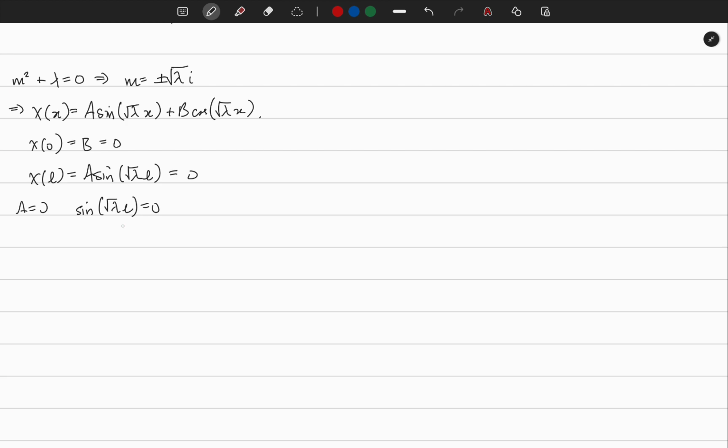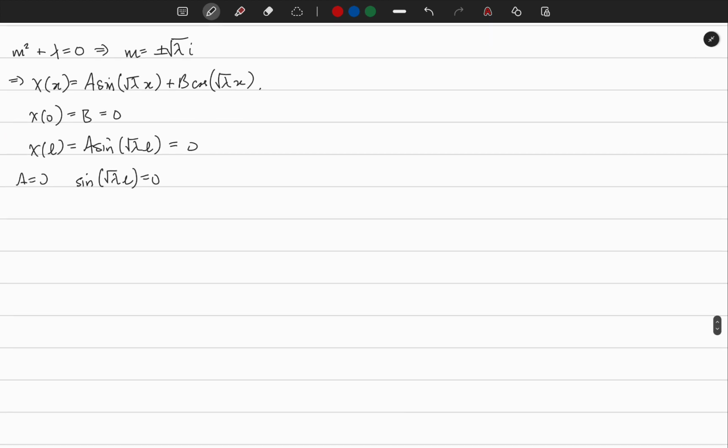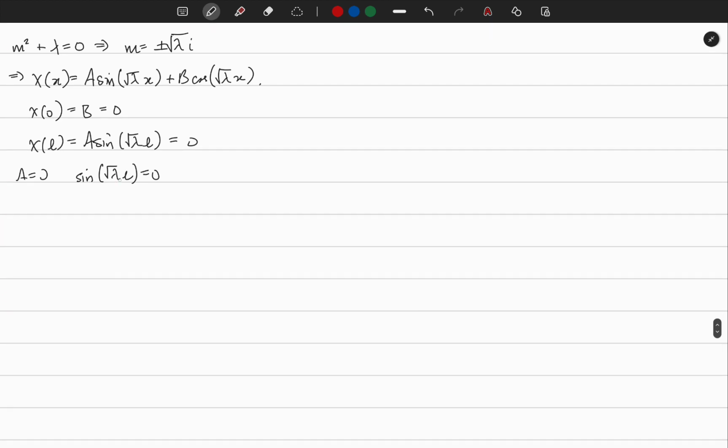So how about we look at the second case, sine of root lambda L is equal to 0. Now, when is sine 0? Well, sine is 0 for every multiple of pi. So if we take the inverse sine of both sides, we'll get that root lambda L is equal to pi n, for n an integer.